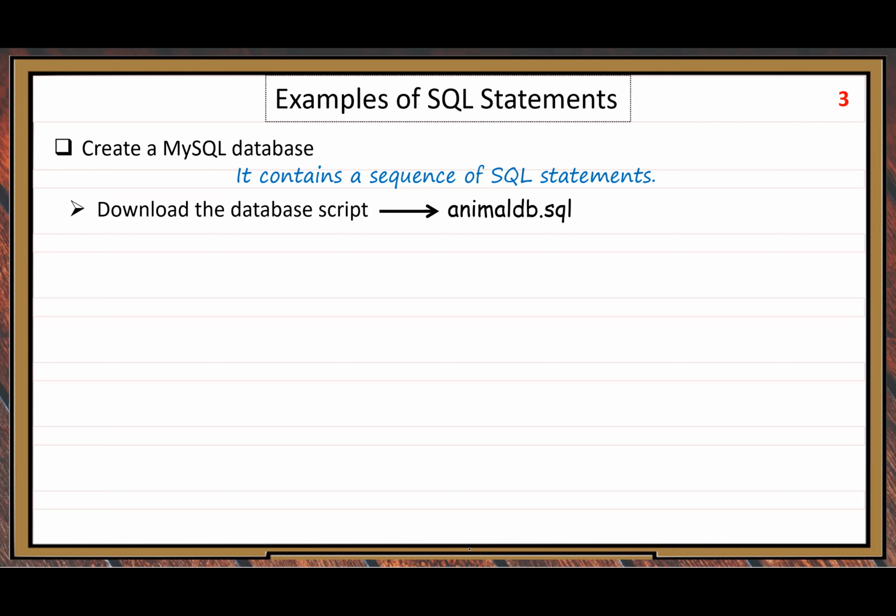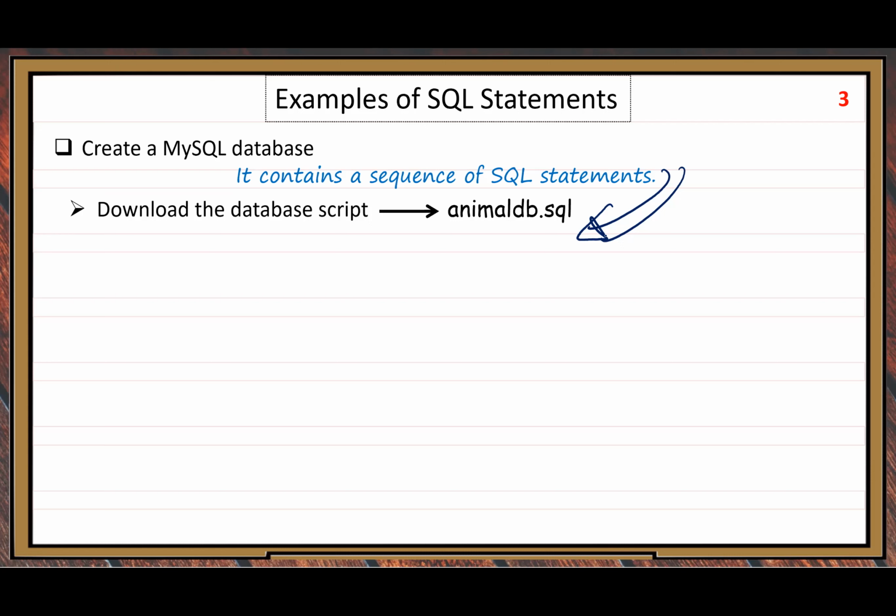This file contains the SQL statements we can run in PHP admin. I mentioned PHP admin last time. After you install XAMPP, you can run it. I will show you later.